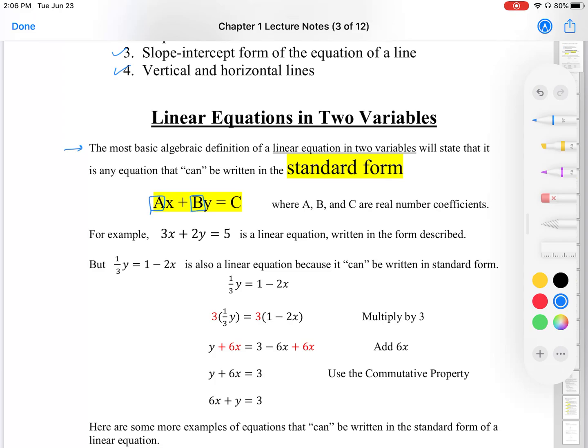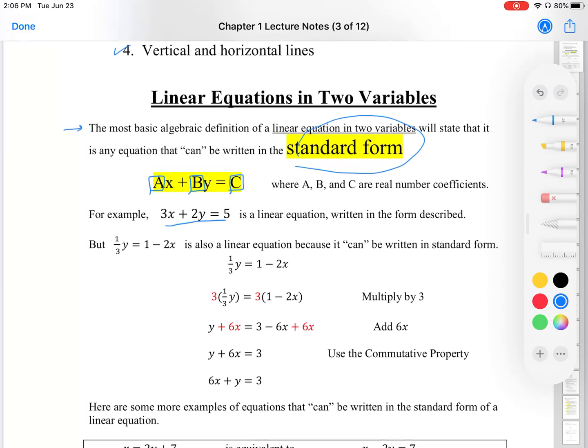We're going to be using numbers in the future, but for now, in the general sense, we're going to use letters. For example, 3x plus 2y equals 5 is a linear equation written in the form described. So this is standard form, and we'll be going over different types of ways to graph a linear equation in two variables, or to write a linear equation in two variables.